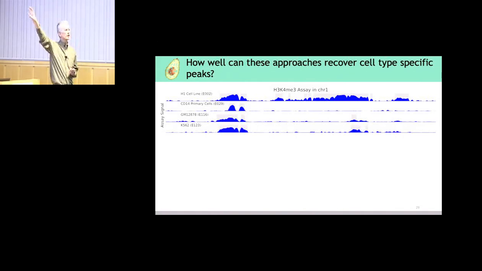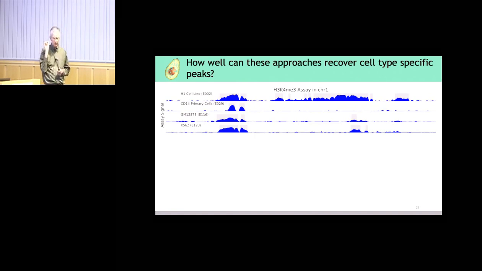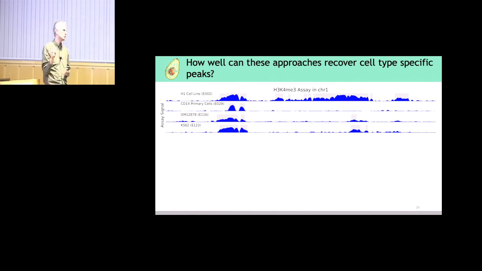Instead I'll focus on the subsequent part where we zoomed in a little more to ask what we thought were the interesting questions. When you use an imputation method like this, what you really want to be able to do is find peaks most of the time.